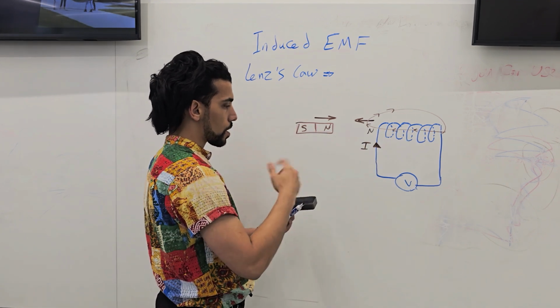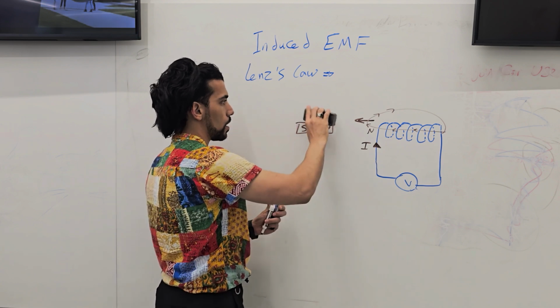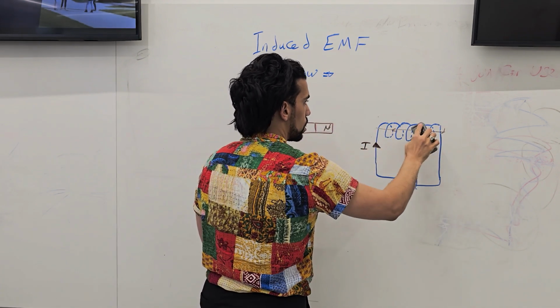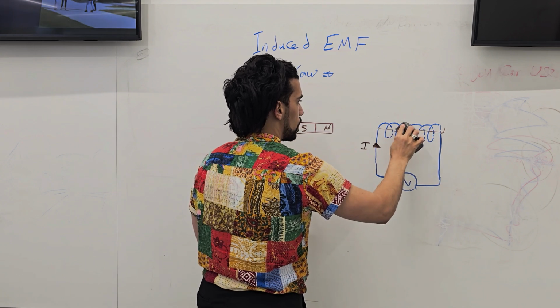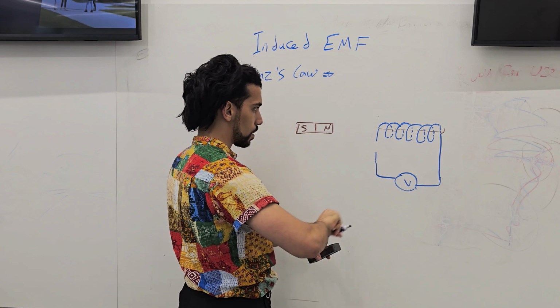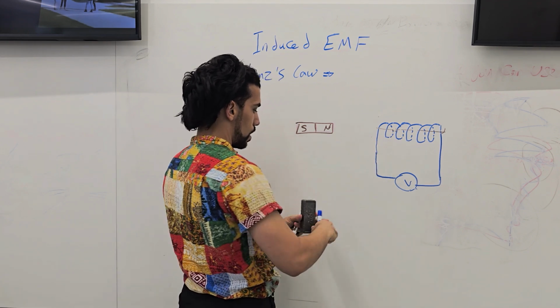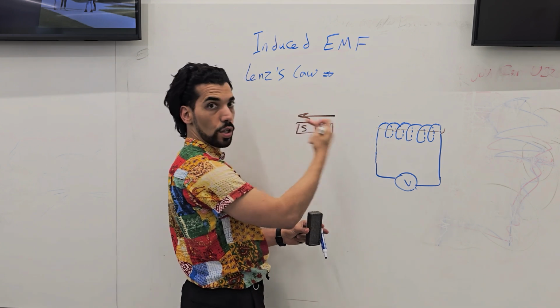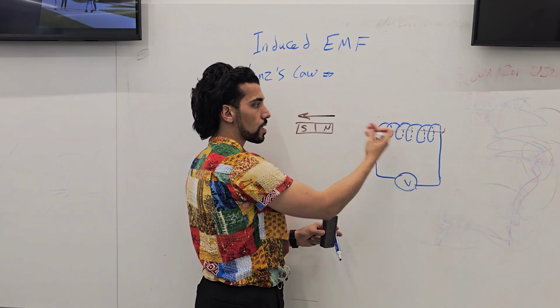Okay? So let's assume the other way. We're going to remove all of this. Let's assume that this magnet is going outside. It's going away, so the flux here is decreasing.